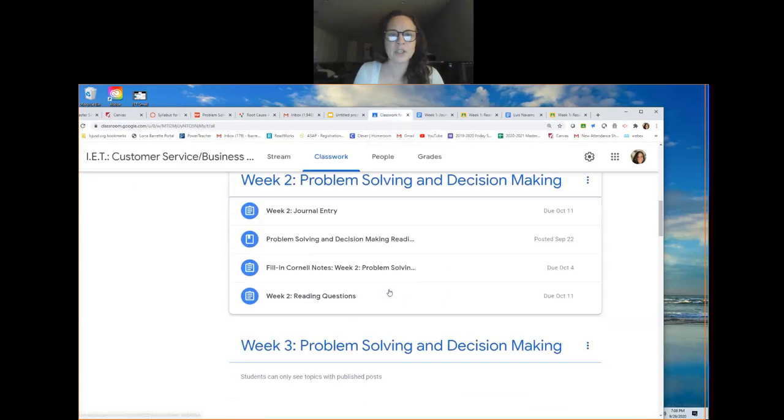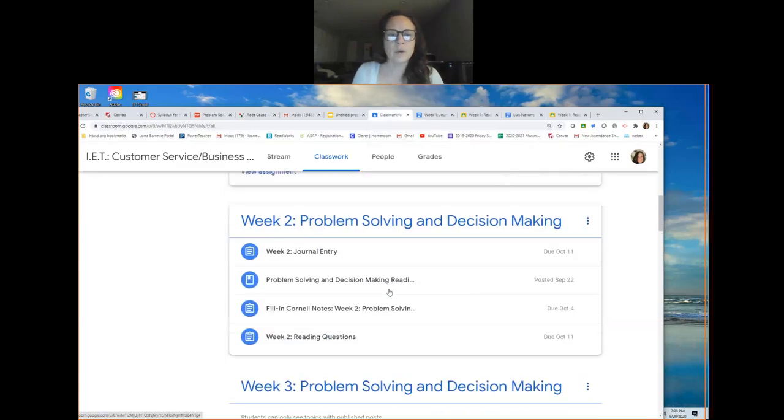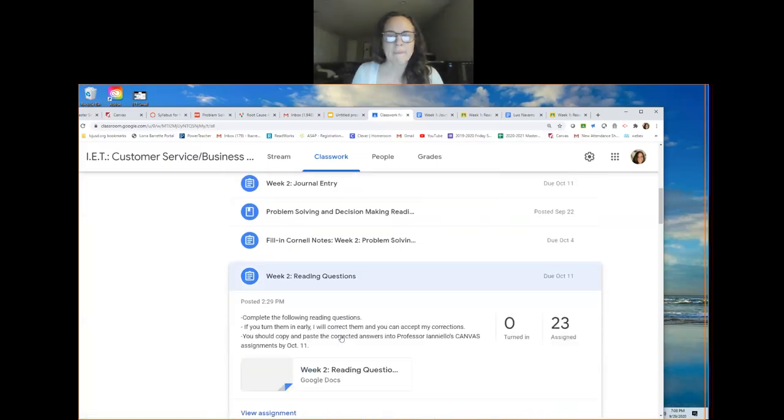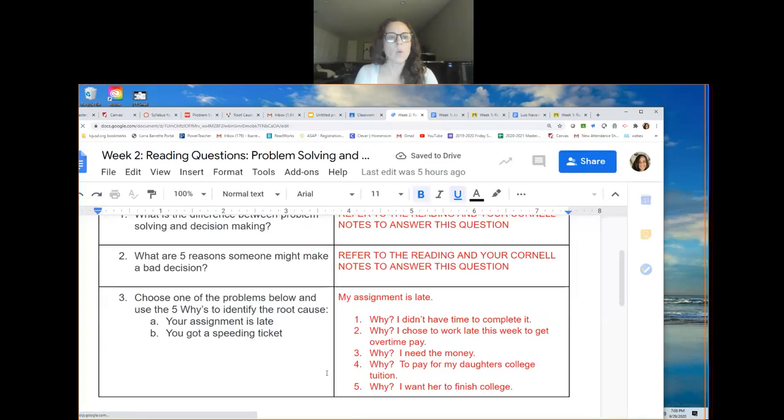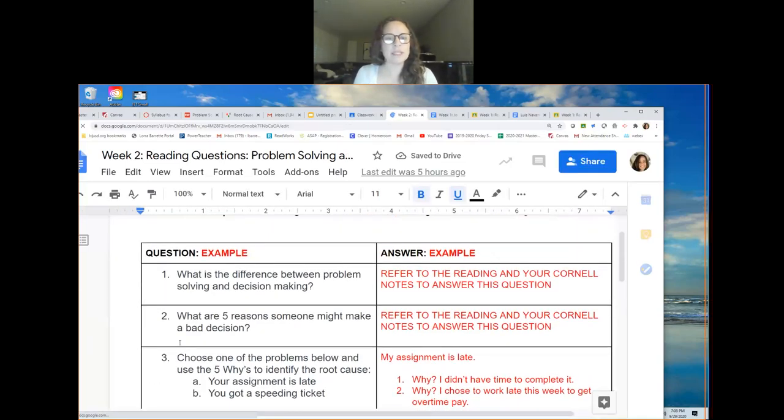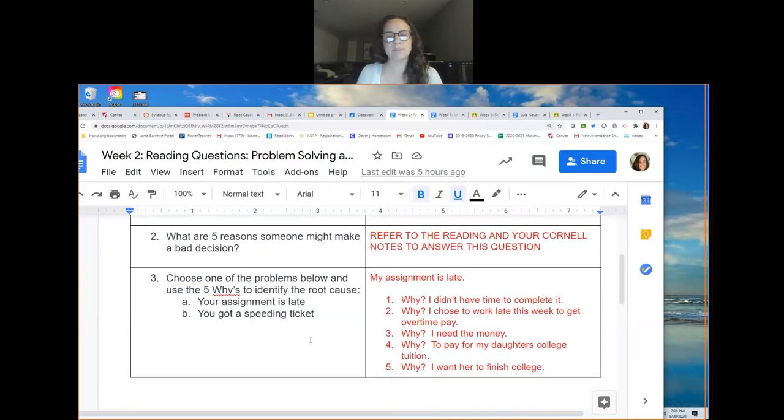So for week 2, under reading questions, it asks, what are the 5 reasons someone might make a bad, no, not that one. The third one, choose one of the problems below and use the 5 whys to identify the root cause.